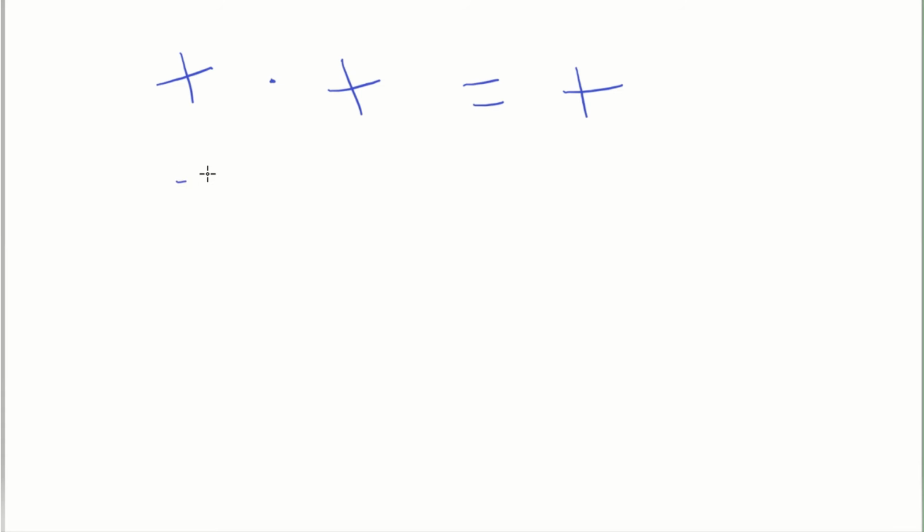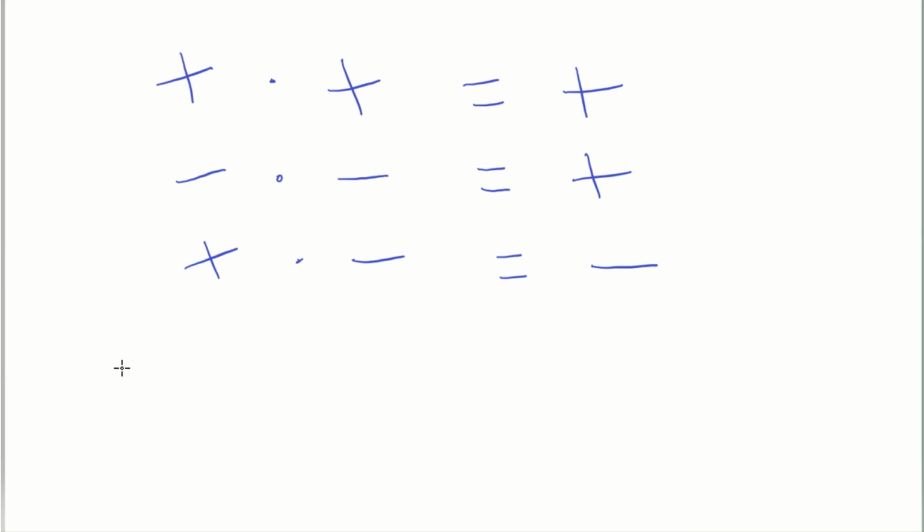If you're multiplying a negative number by a negative number, you get a positive number. And you can think of it as that and that come together to make the plus sign. Anytime you multiply a positive times a negative, you get a negative.